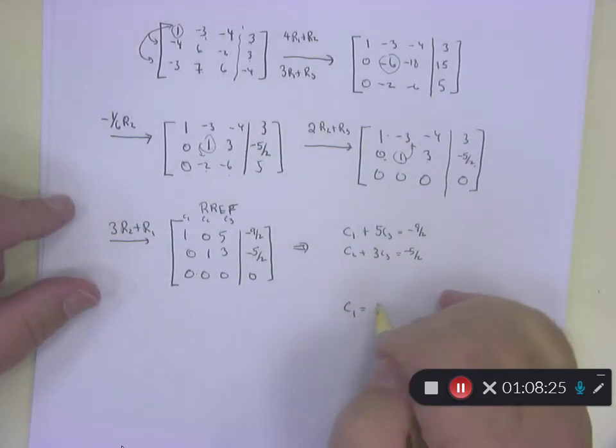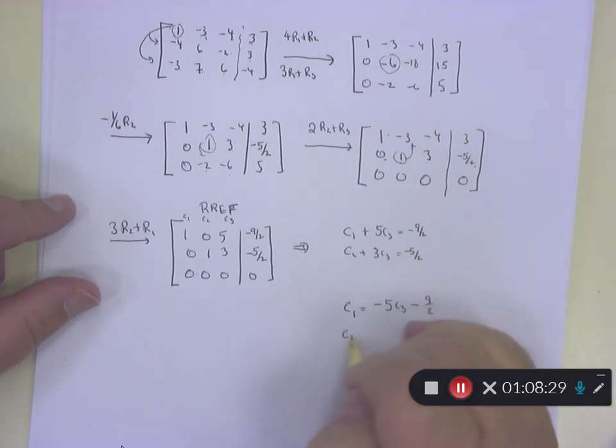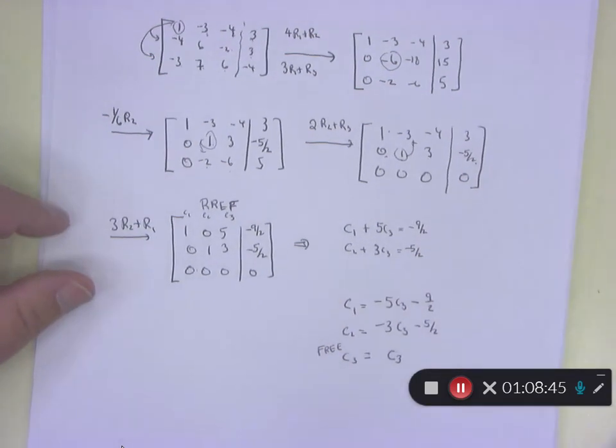C1 is equal to -5C3 minus 9 halves. C2 is equal to -3C3 minus 5 halves. And C3 is not a pivot. He is free, which means he's what? Free variable, he equals himself.